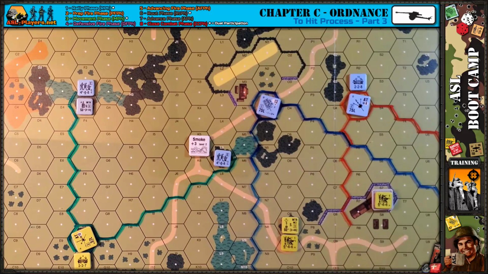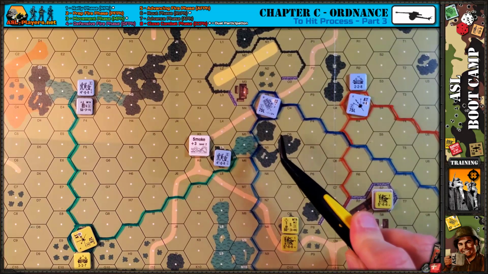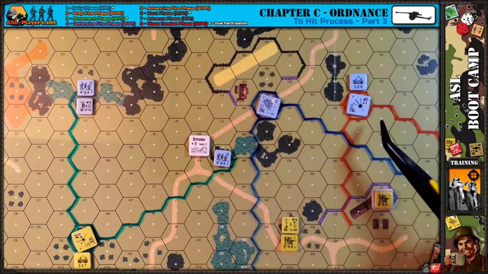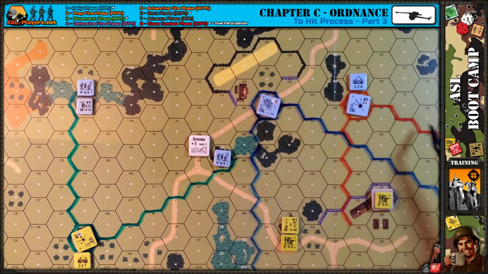And then you can see the corresponding covered arcs I've drawn for this anti-tank gun, for this Stug 3, and for this anti-tank gun as well. The different covered arcs show their fields of fire. The two mortars, they do not have covered arcs. They can fire in any direction.